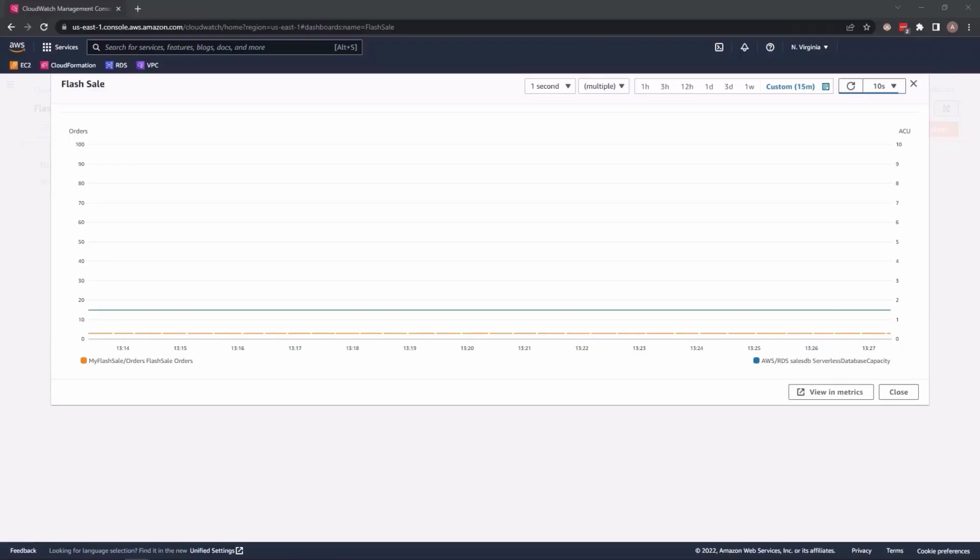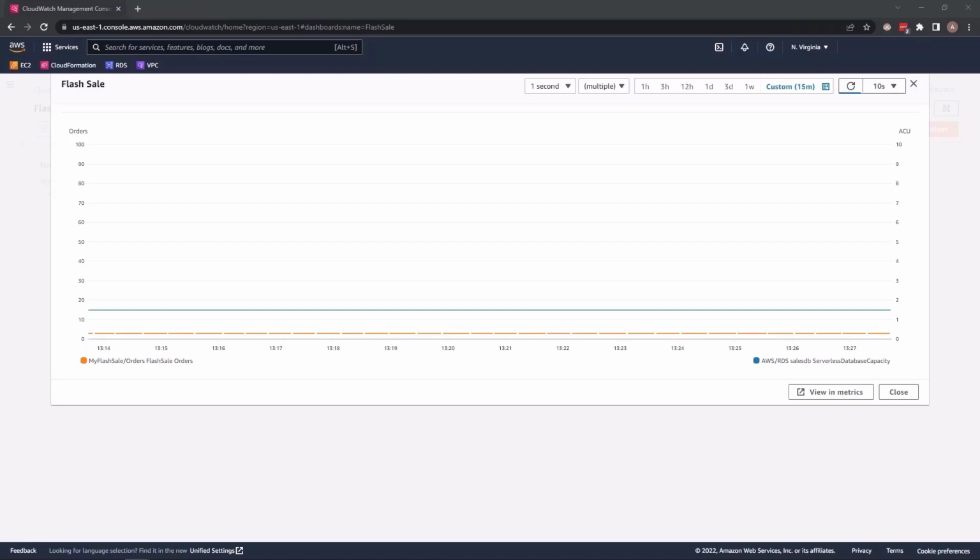This orange line is the current workload, and the current workload is very stable. And then the blue line is the number of ACUs, or Aurora capacity units. Because the workload is stable and it's not needing any additional CPU or memory, we see that the ACUs stay pretty stable and they're not going up or down.